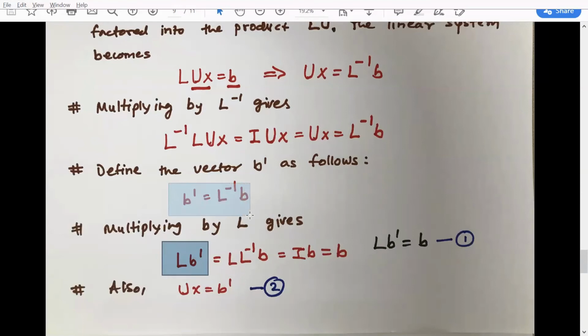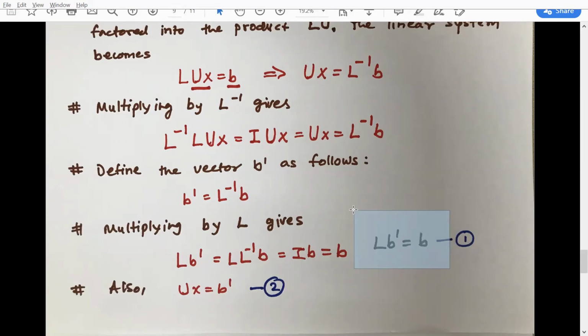You substitute this, so it gives you L times L inverse B, which is nothing but IB, and IB is nothing but B. So one important formula we have obtained, a simple operation you can do by longhand, is that the lower triangular matrix multiplied by B dash is equal to B.